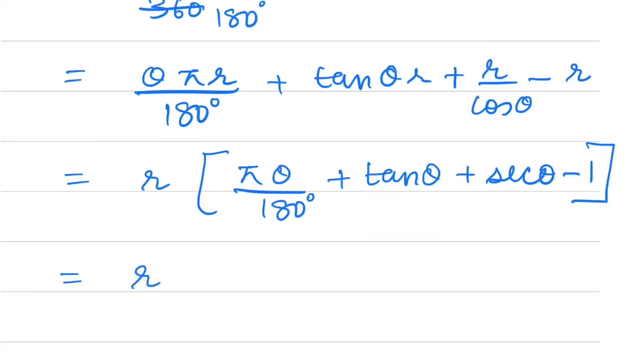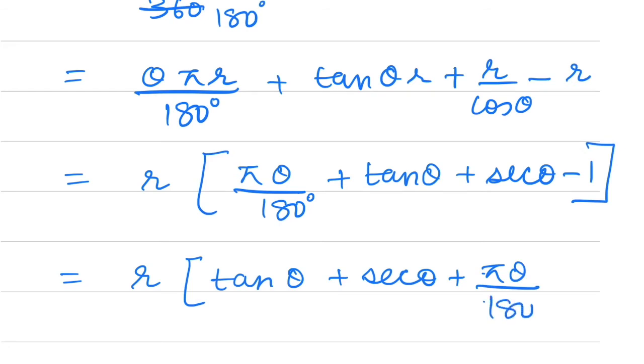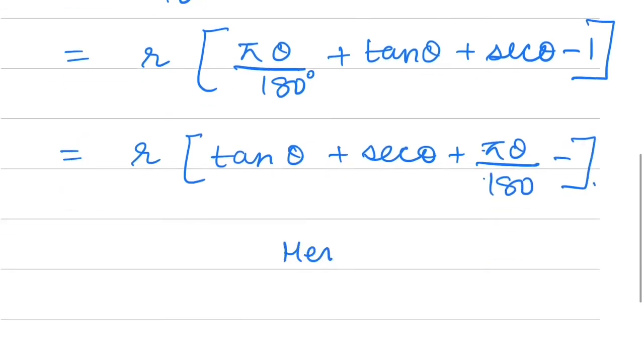So now I can just write down as it is asked in the question: plus sec theta plus pi theta by 180 minus 1. So hence proved.